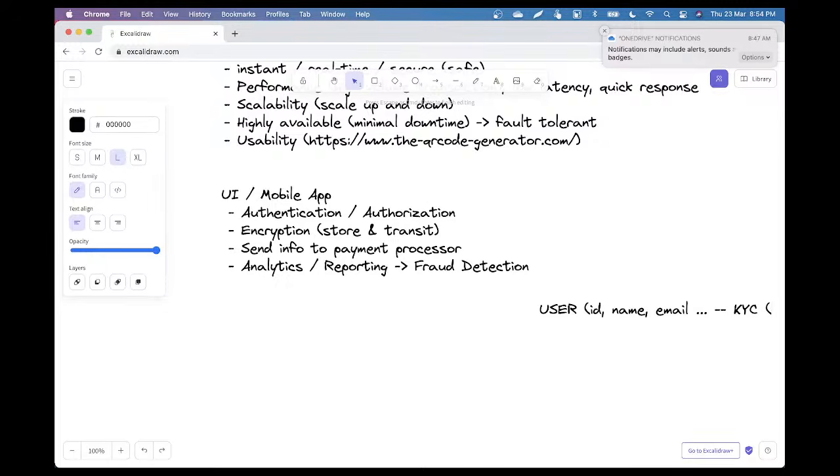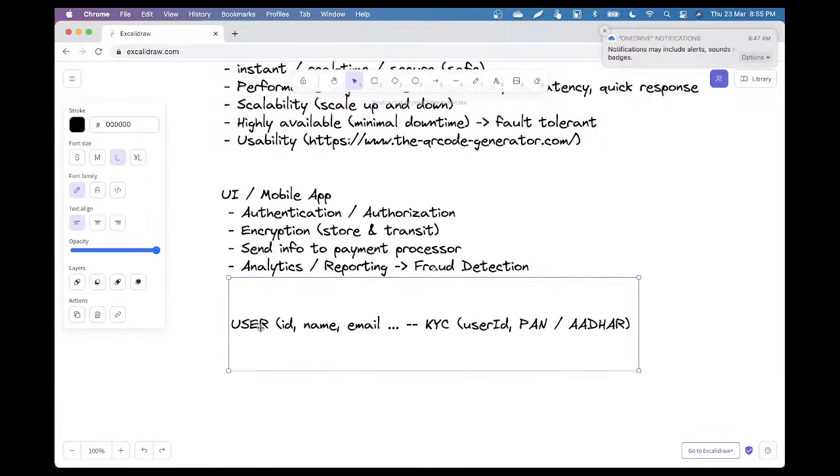For KYC, the ID could be the foreign key, basically the user ID, and PAN or Aadhaar card number. And you will again have one-on-one mapping, because at a particular time you will have one KYC for a particular user, right? So this is one database design.